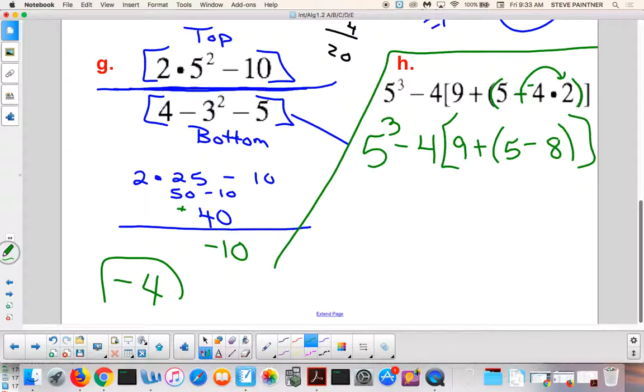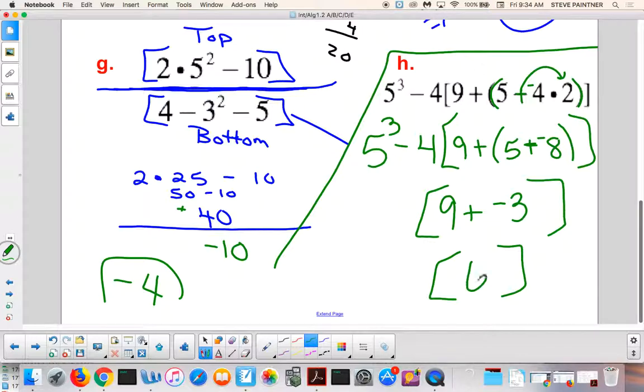Take the 5 minus. Stay inside your parentheses. 5 subtract 8. Well, that's 5 plus negative 8. So what's that? Negative 3. 9 plus. That is negative 3. Okay. Now I can lose the parentheses because it's just 9 plus this number. Stay inside. What's 9 take away 3?